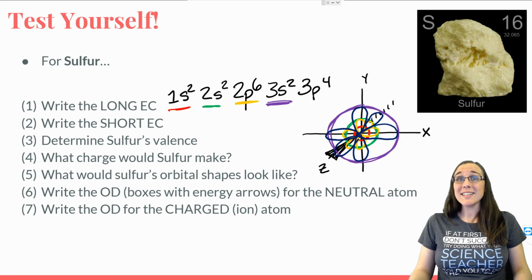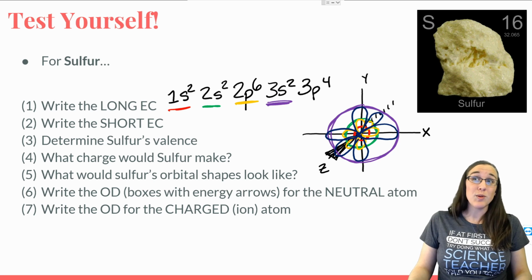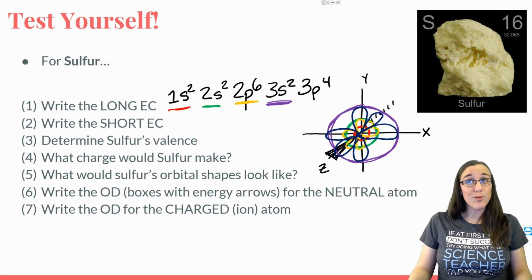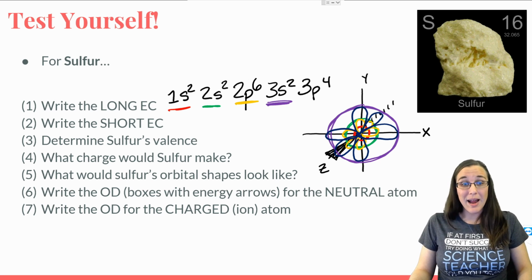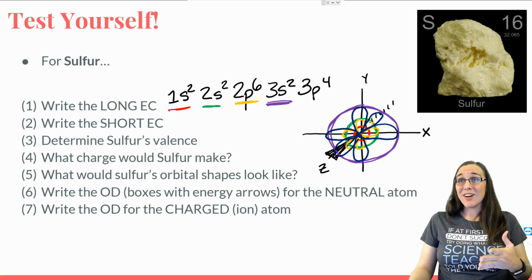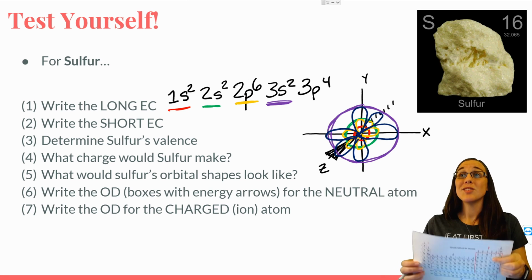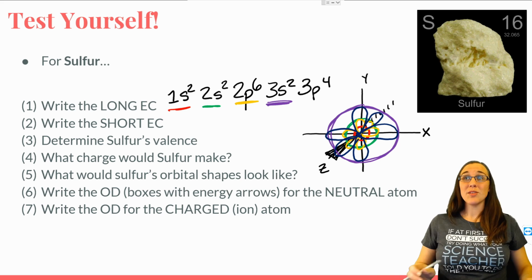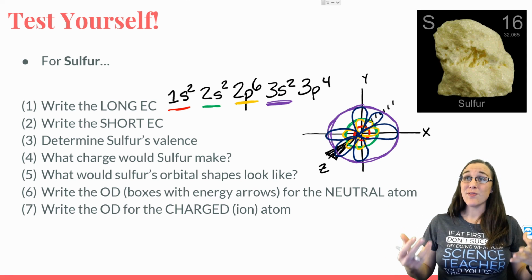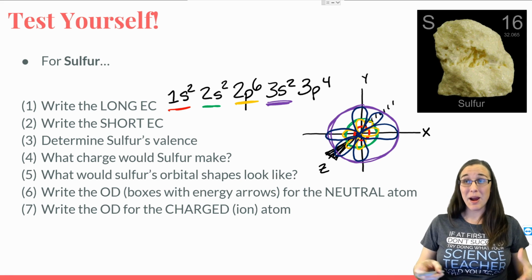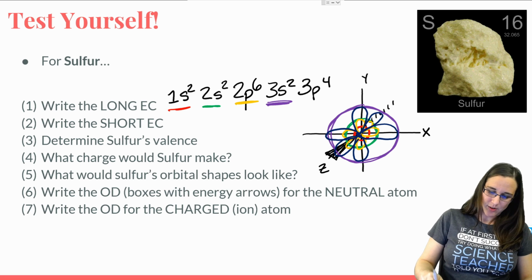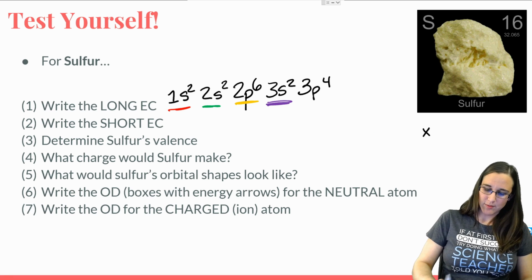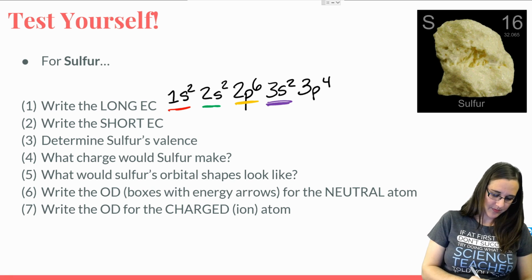Now we want to write the orbital diagram. That's what OD stands for, not overdose. It's the orbital diagram with the boxes and energy arrows for a neutral atom. Sulfur, when we look at the periodic table, has a number of 16. That means we have 16 electrons to fill in an orbital filling diagram. Let's get rid of that gobbledygook here.